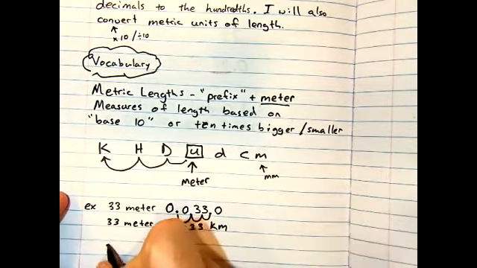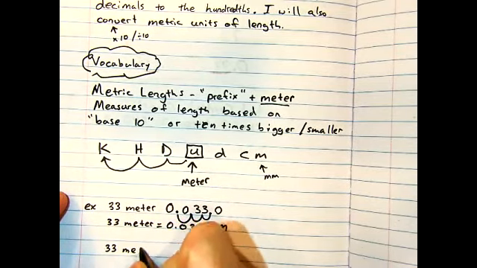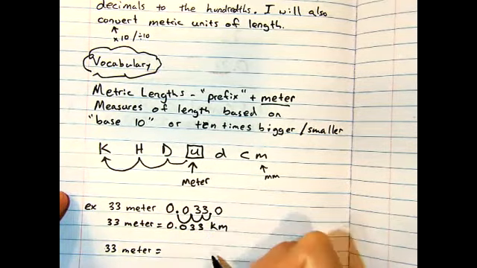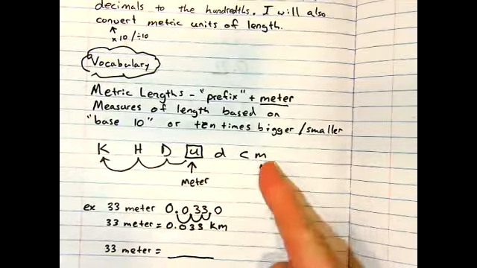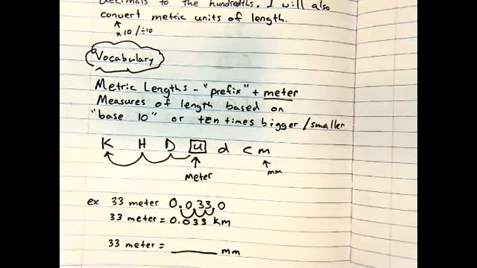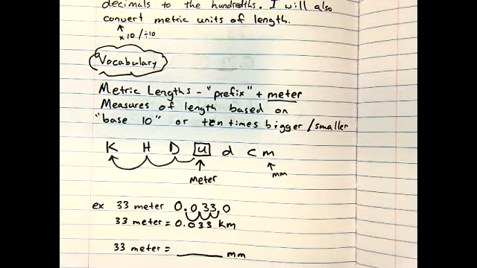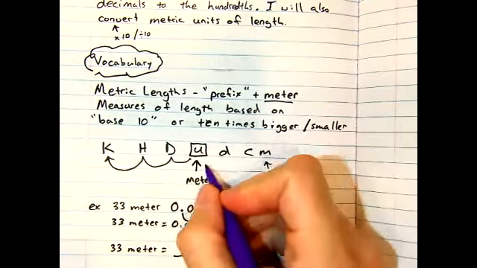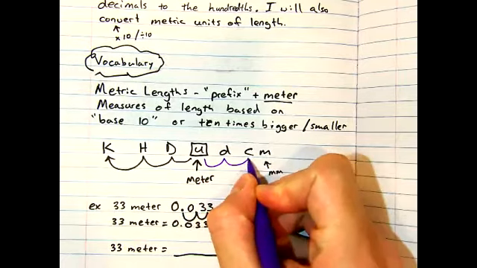Equally so, 33 meters equals how many millimeters? I'm going to go the other direction for that. Again, it's 3 spaces, 1, 2, 3.